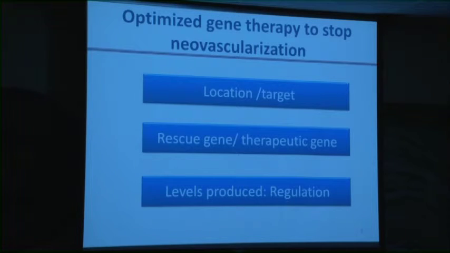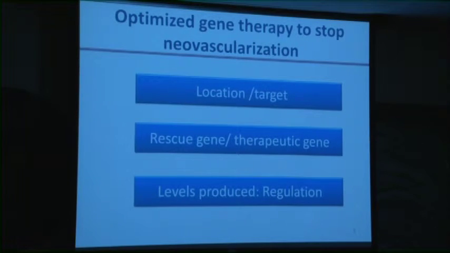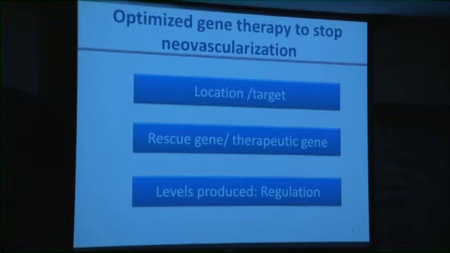So what we did in trying to devise a gene therapy method was to try to optimize some of the situation that occurs in this pathological state. So we were interested in which cells we would target. We thought it was important to include a promoter, so we would target a cell type that could be turned on.